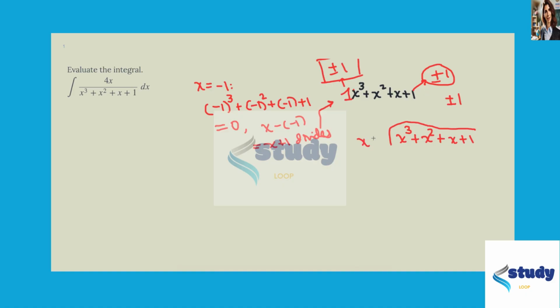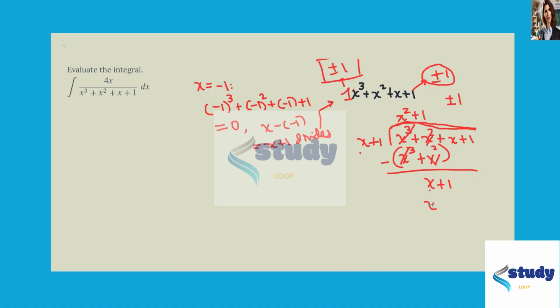So we have an x plus 1 out here. We do our long division. x cubed over x is just x squared. Let's go ahead and subtract. We have some cancellation here. x plus 1. x divided by x is 1.